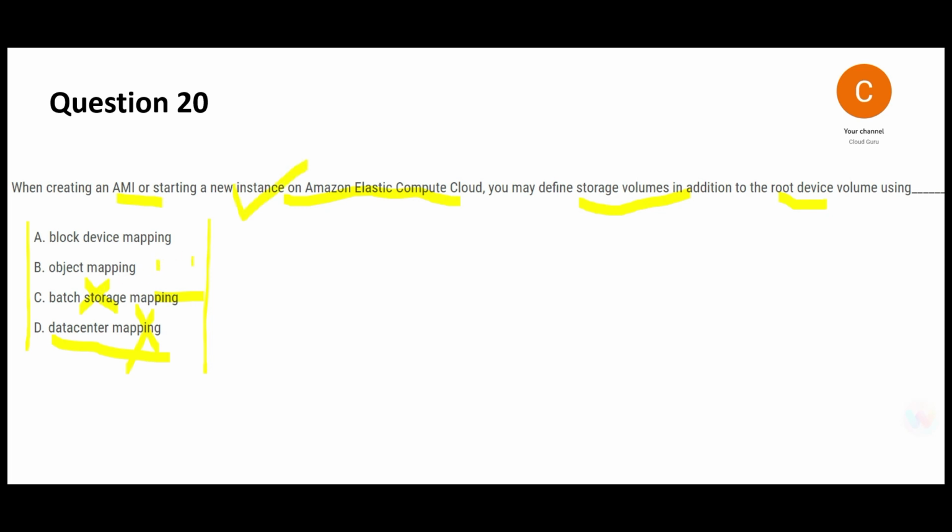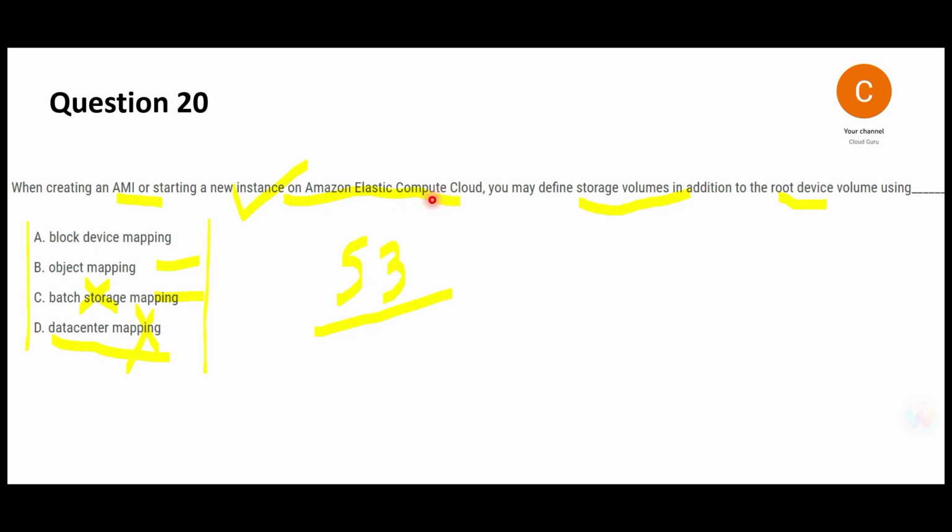Let's consider object mapping. Again, I could not find anything concrete, but let me give you an explanation here. Object in the cloud world is what? S3 buckets hold objects. It's an object store. When we are talking about EC2, we need volumes, not object stores, but volume stores.